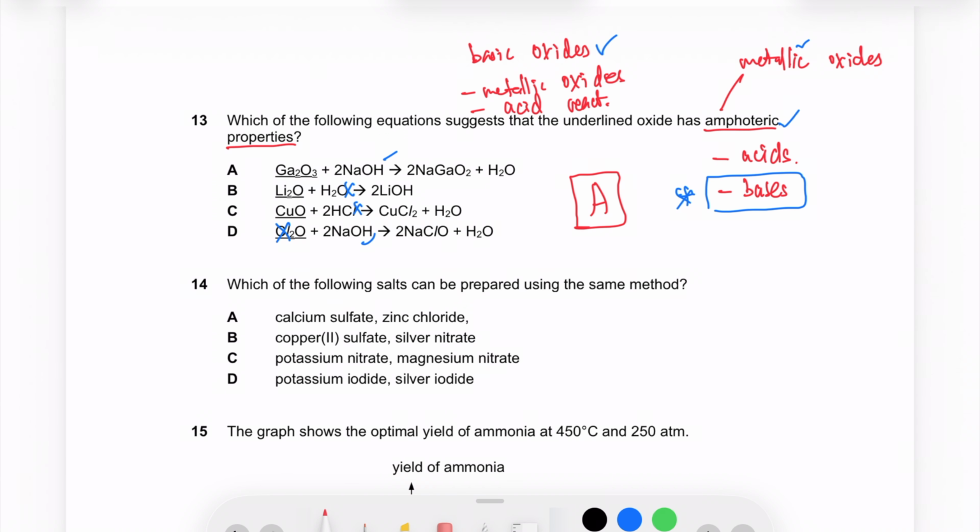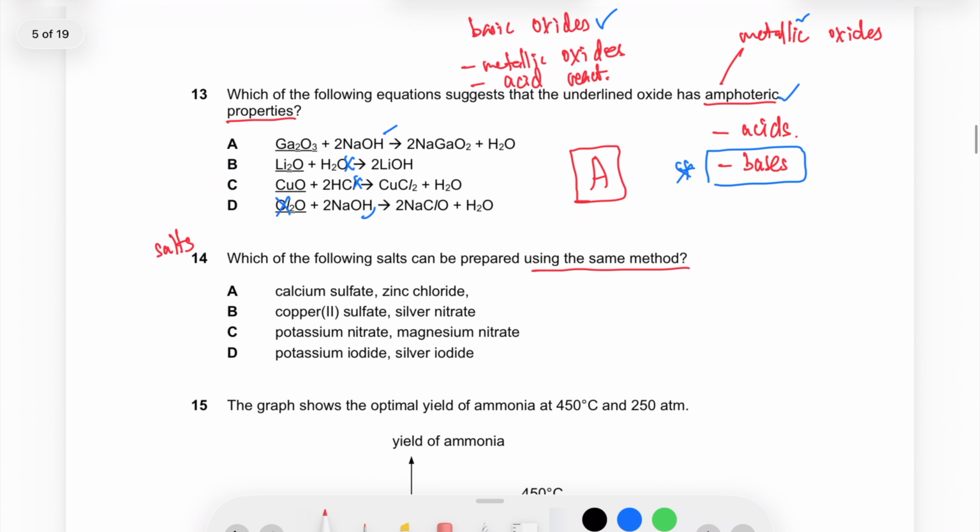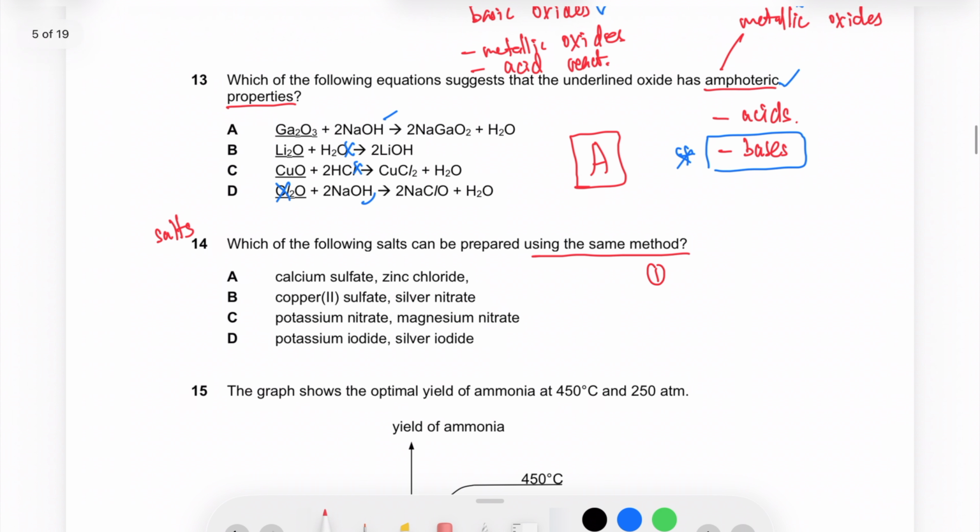Question 14. Which of the following salts can be prepared using the same methods? So this is the preparation of salts. You have the first method, which is the acid with excess insoluble solid, also called the filtration method.